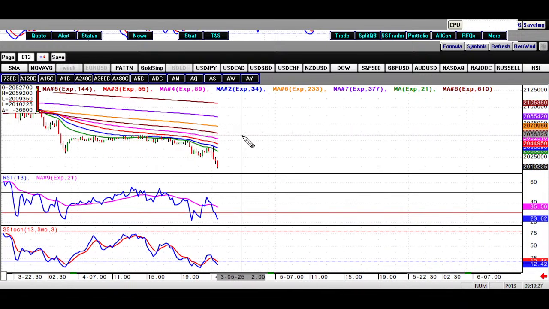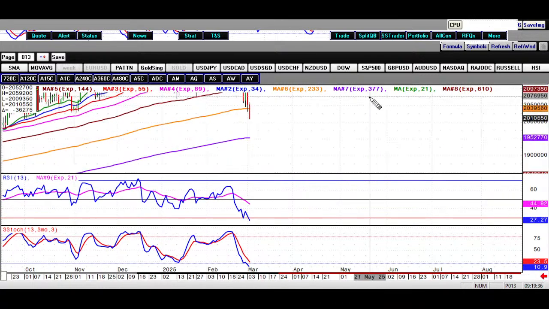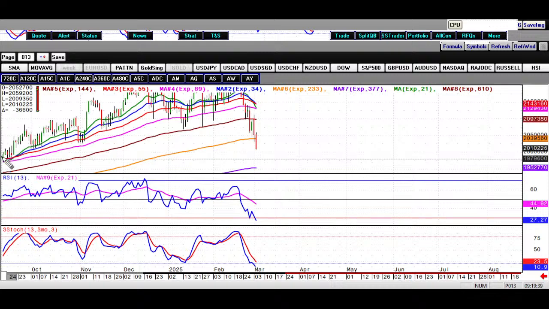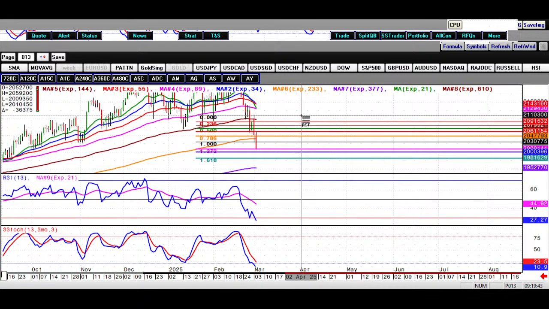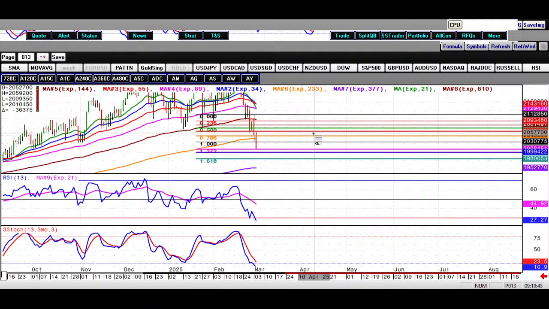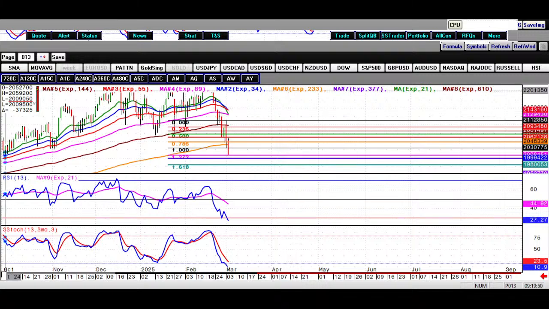So let's try to get this. This weakness will last for another 15 minutes. After that, I think we should see the market stabilizing, and we should see the market moving up.